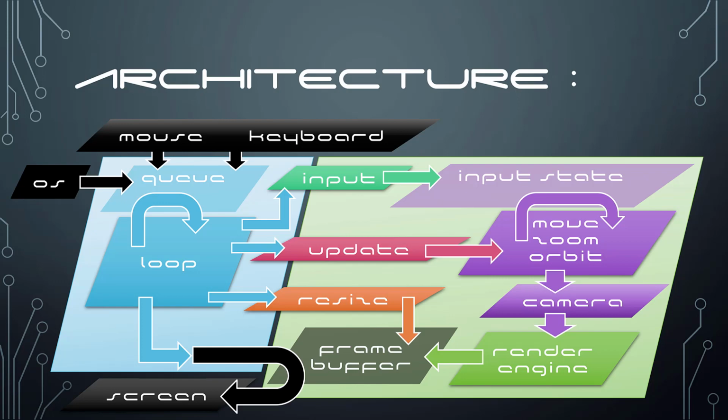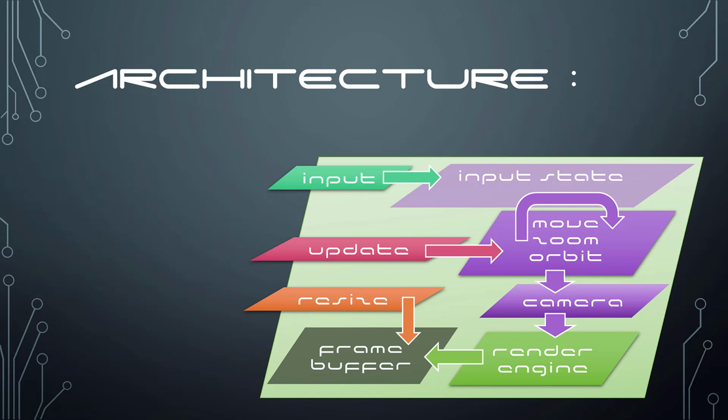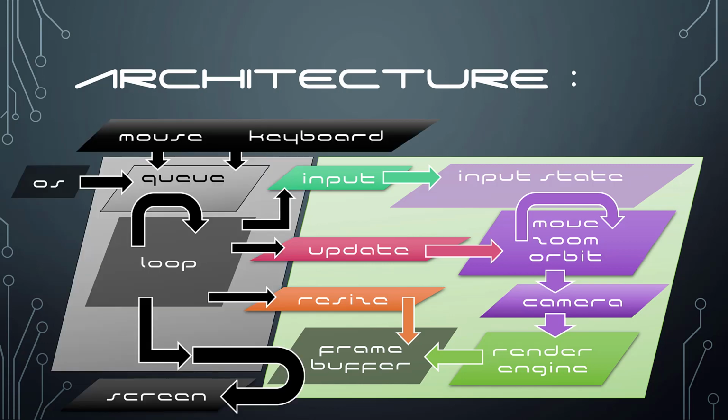Alright, we have the whole picture now, but just to hammer this home, I can nuke everything on the left, and as you can see, the engine itself doesn't even know or care about anything that's outside of it in the platform layer. It doesn't even care if there is a platform layer, and it doesn't initiate anything. It's just code that exposes a bunch of callbacks and holds a frame buffer. That's it.